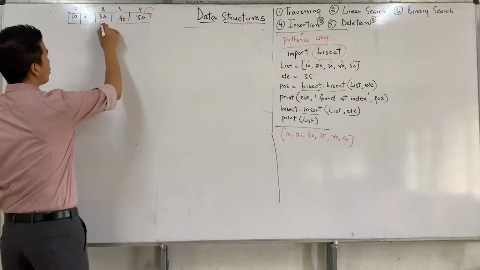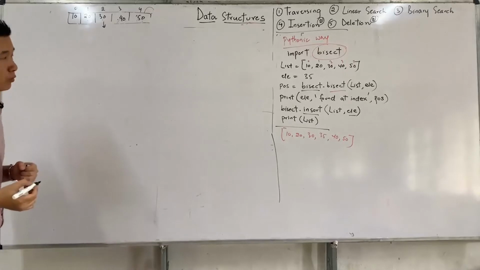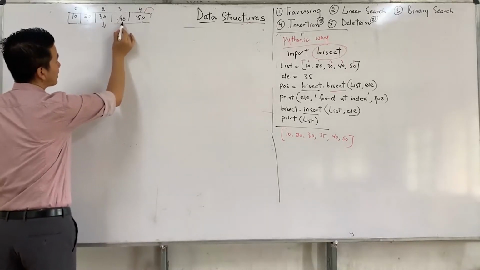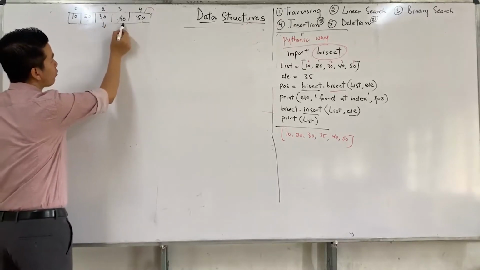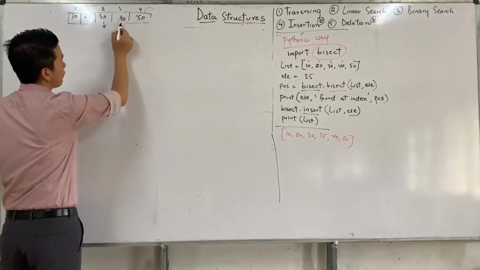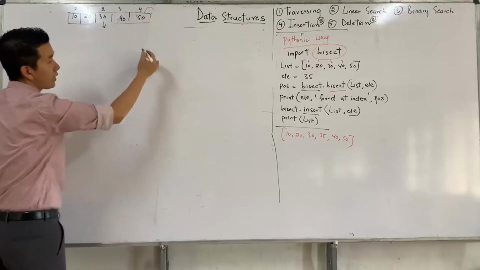Now, once I know the position, what you do is position plus 1 will be assigned to position. 40 will replace the value of 30, 50 will replace the value of 40, and then finally get rid of the last one.